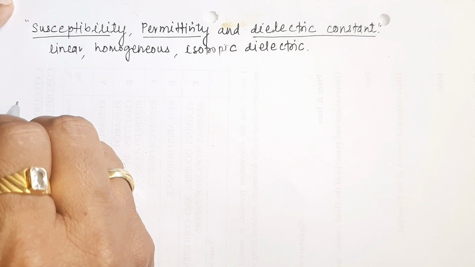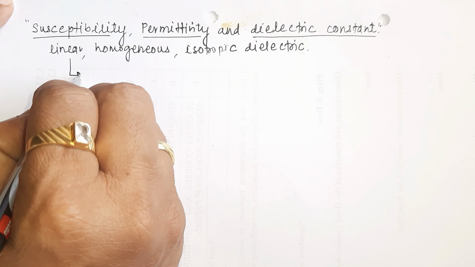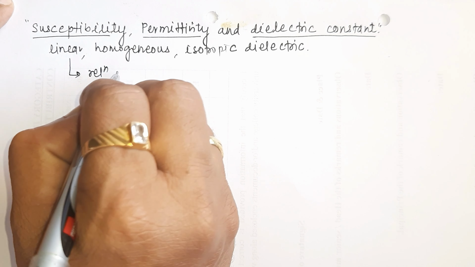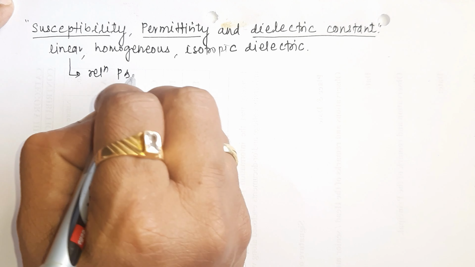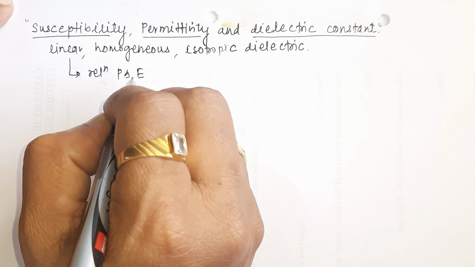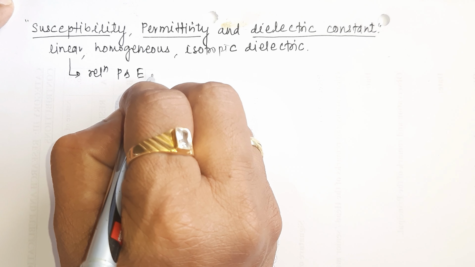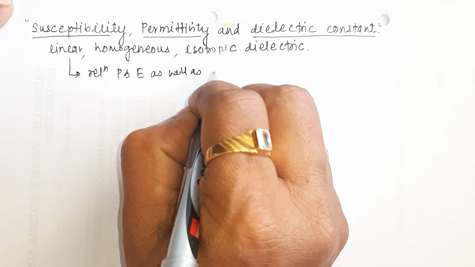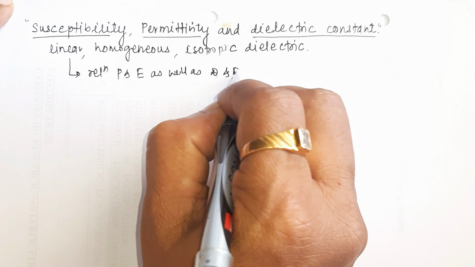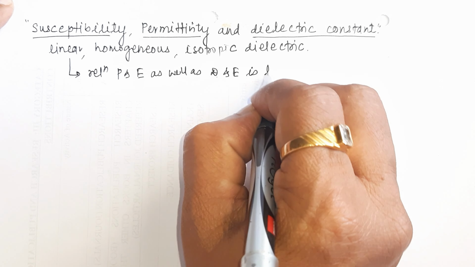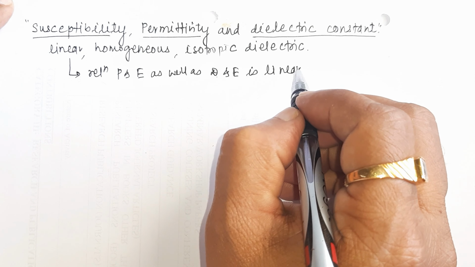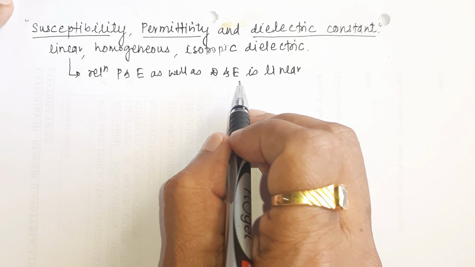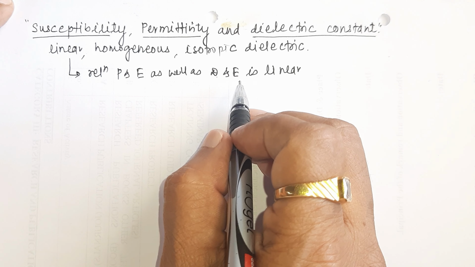A linear dielectric is one where the relation between P and E as well as D and E is linear. So here the relation between P and E and the displacement vector D and electric field E are linear.